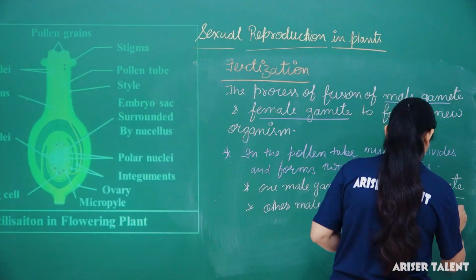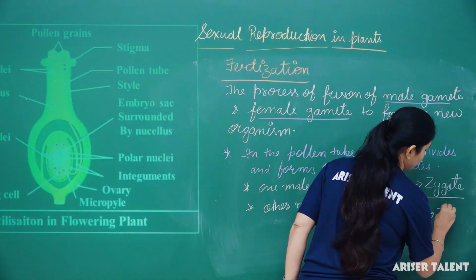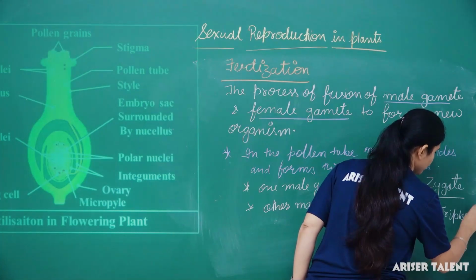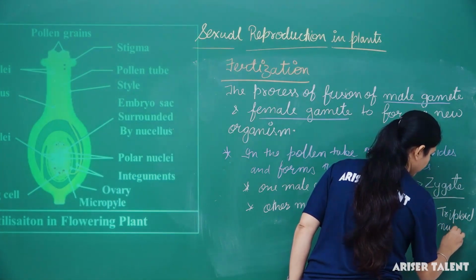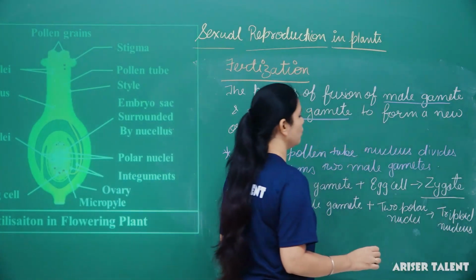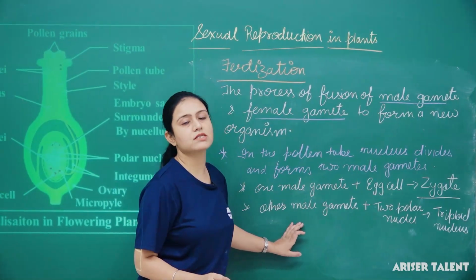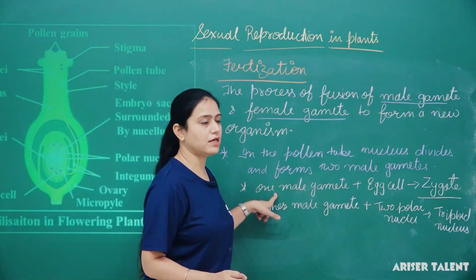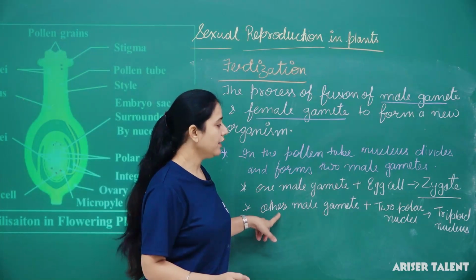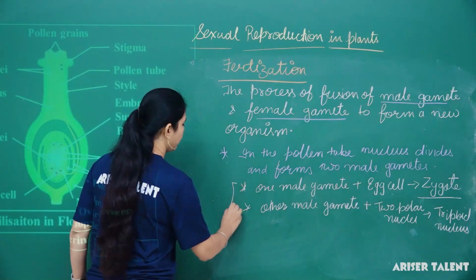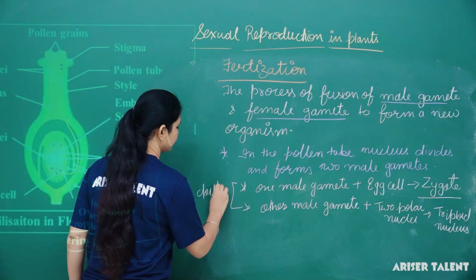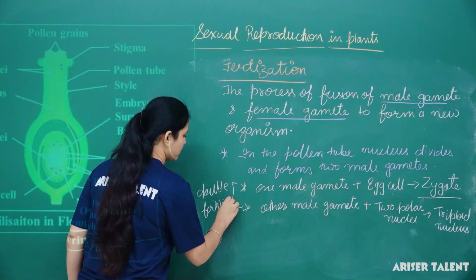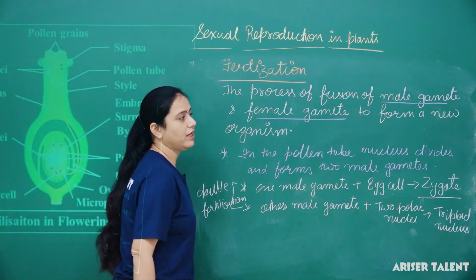They form a triple, or we can say triploid, nucleus. This complete process is known as double fertilization, because one fertilization is done here and the second fertilization is done here. This process is known as double fertilization.